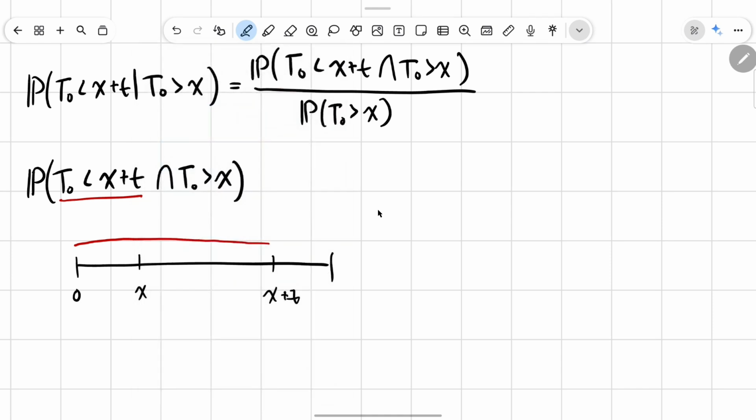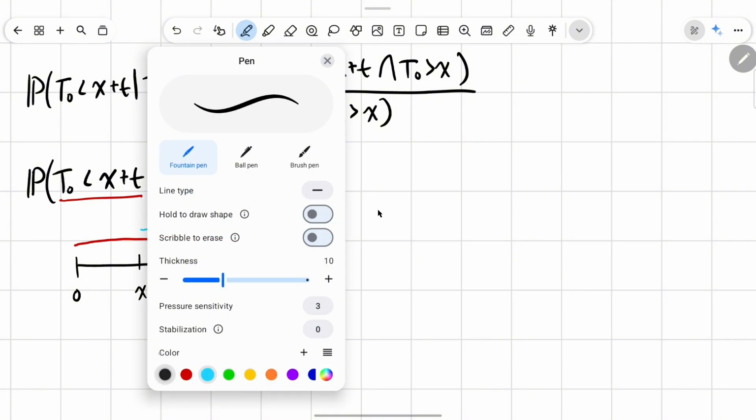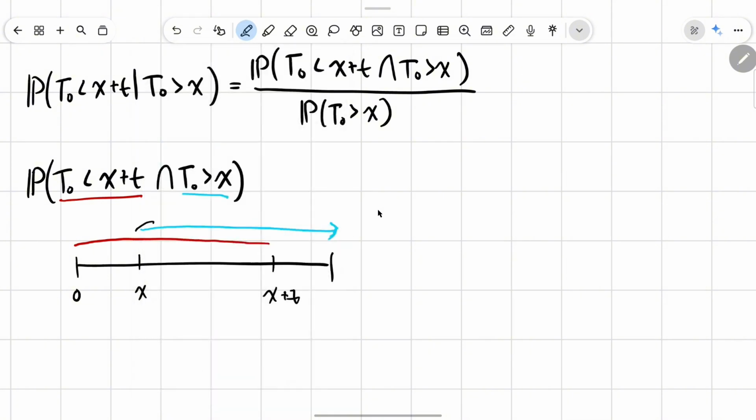Whilst T0 greater than x is saying the person's age of death must be within here. Okay, so what is their intersection? We can see that their intersection can be seen here.